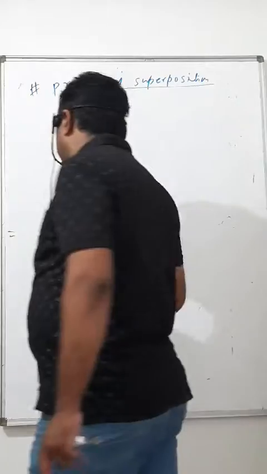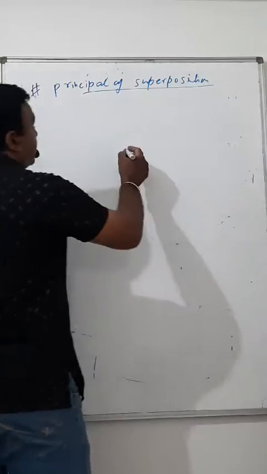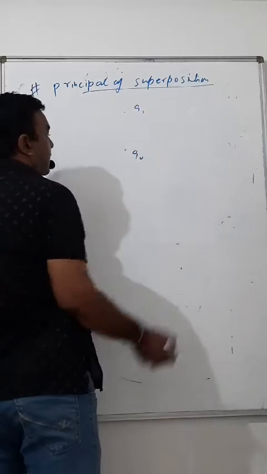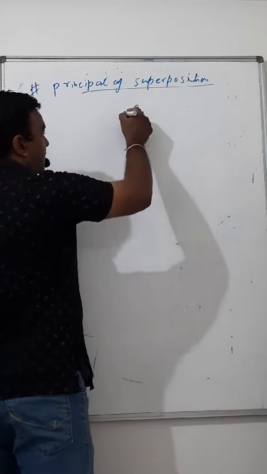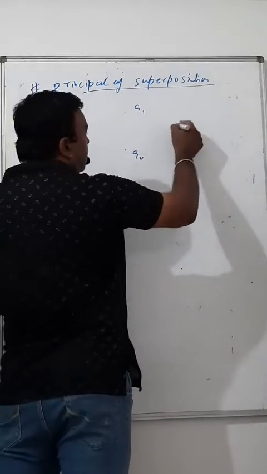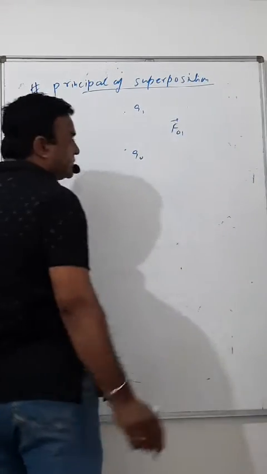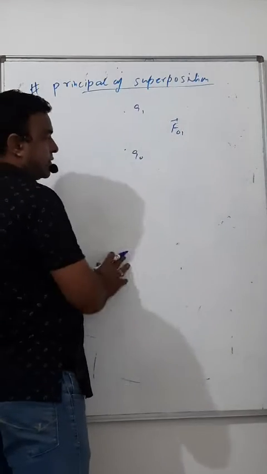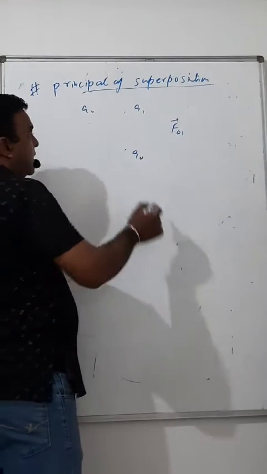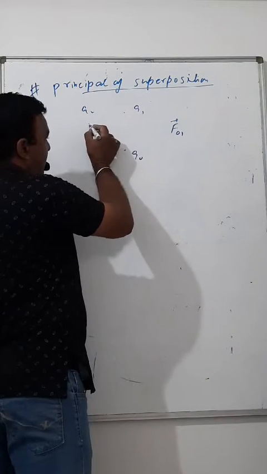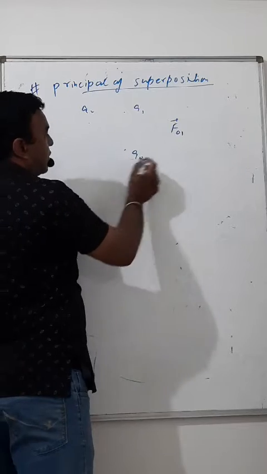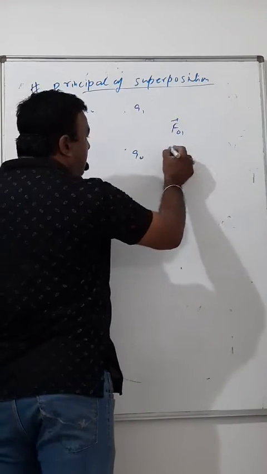This superposition principle says, if there is some charge Q0, there is a charge Q1, and there is some force between them, that is F01. Now I place another charge Q2. Then there will be a different force from Q2 on Q0, that is F02.